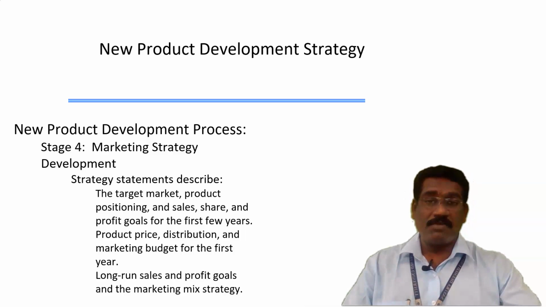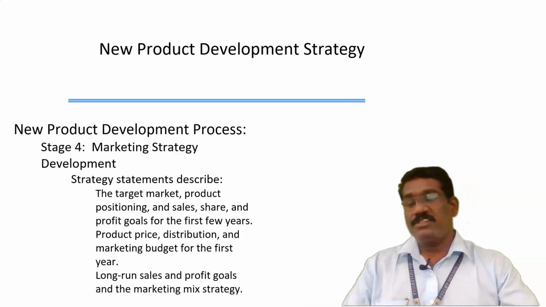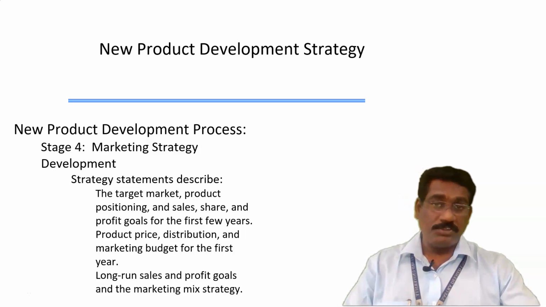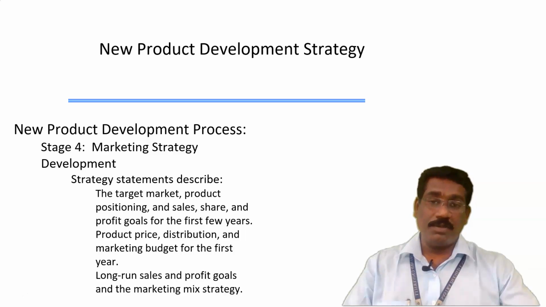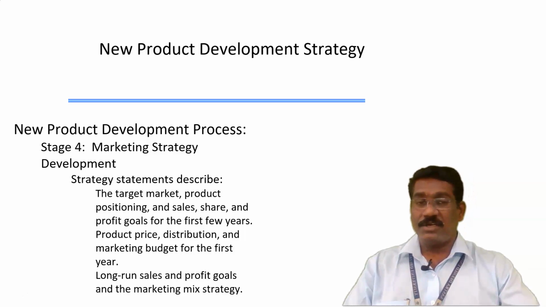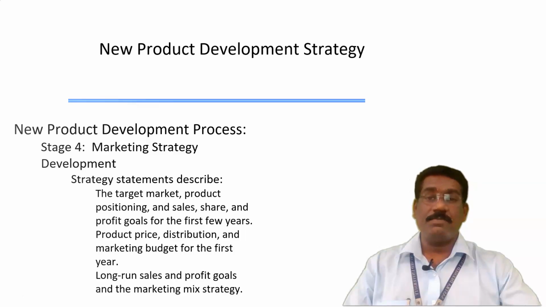If it is a service product, we talk about the 7 P's. That is product, price, place, and promotion, and we have an extended mix called people, process, and physical evidence in the case of a service product. These are the exercises a company is expected to do under stage 4, marketing strategy development.